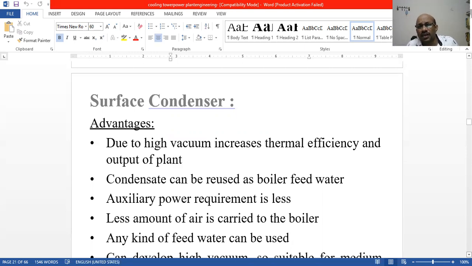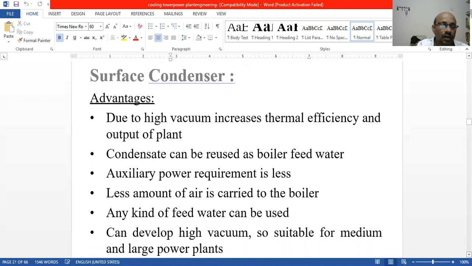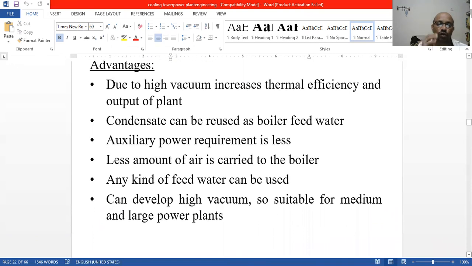The auxiliary power requirement is very low, less air is carried to the boiler, and any kind of feed water can be used. They can develop a high vacuum, so they are suitable for medium and large power plants. This type of condenser is mostly used in power plants.